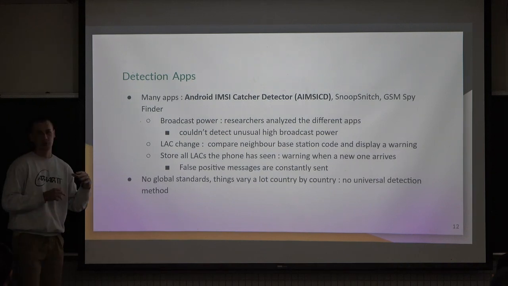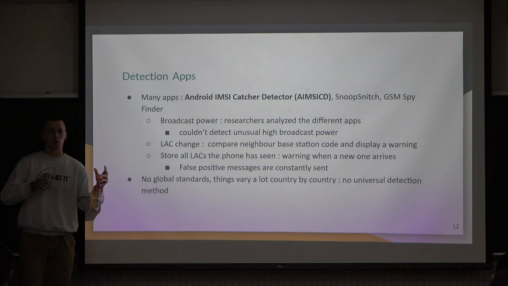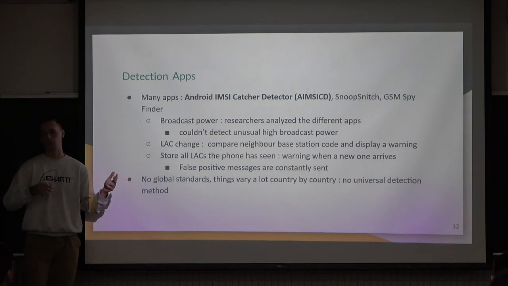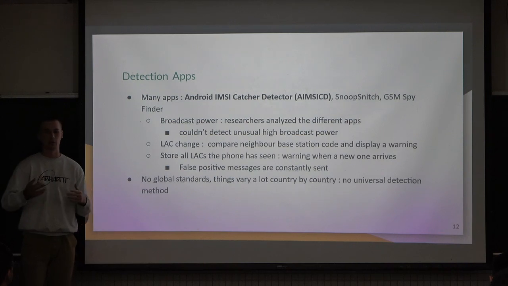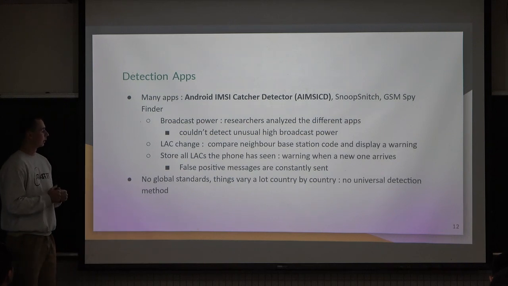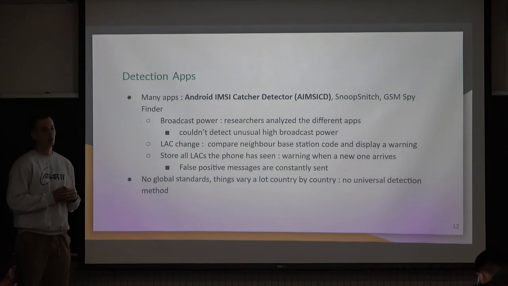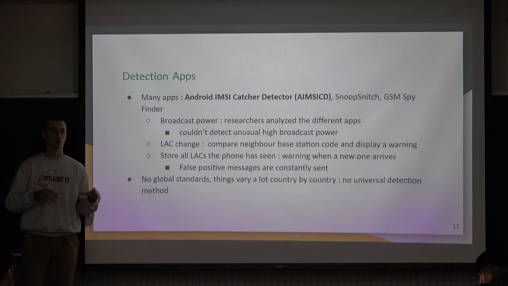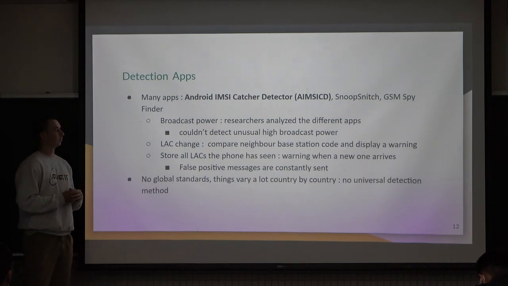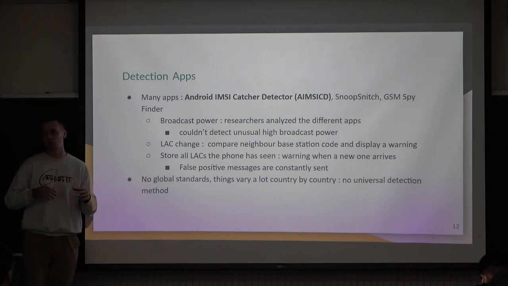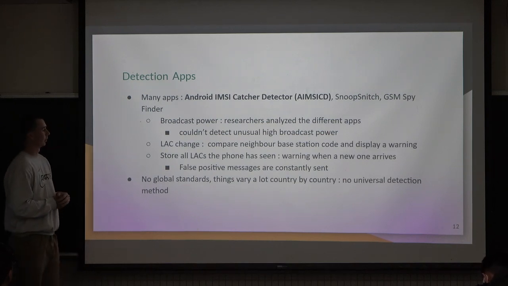It's when you connect to an antenna, your phone needs to send a code to ensure that you can connect to the antenna. For the broadcast power, some researchers analyzed the different applications, and the applications could not detect the broadcast power change. So that means it's actually not worth it to have this type of application.